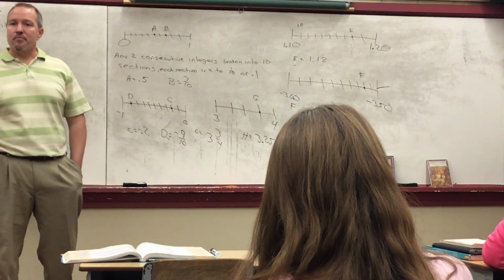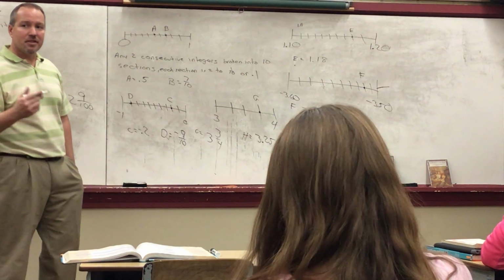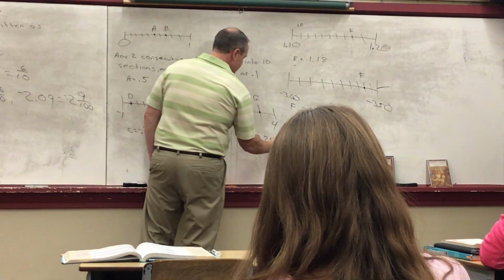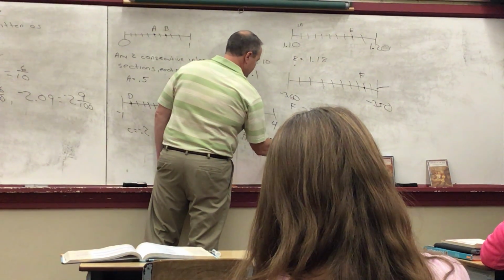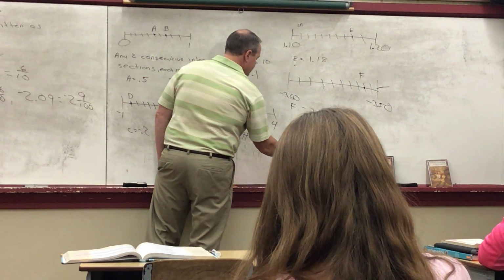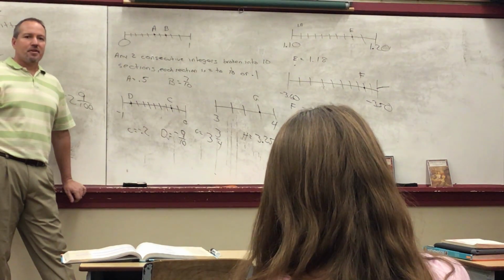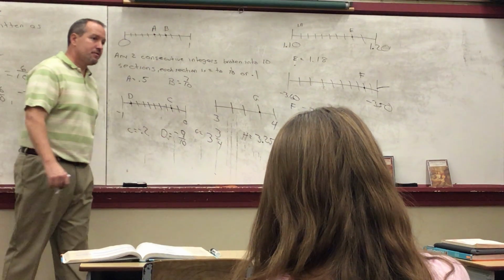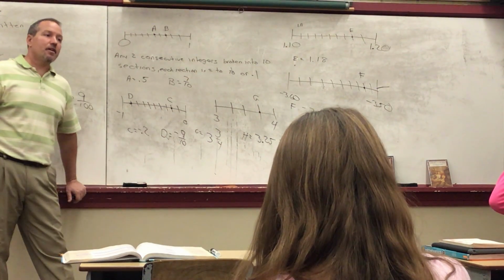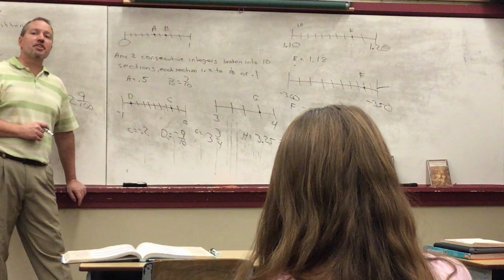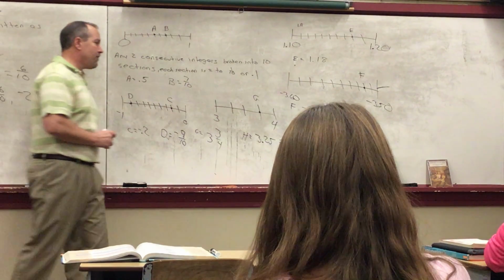So, what are we going to do? Alyssa? Change the decimal to a fraction. We have 3 and 25 over 100. Okay, we can divide them both by 5. What else can you divide them both by? 25.